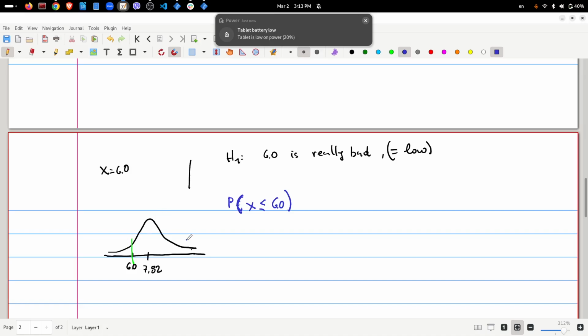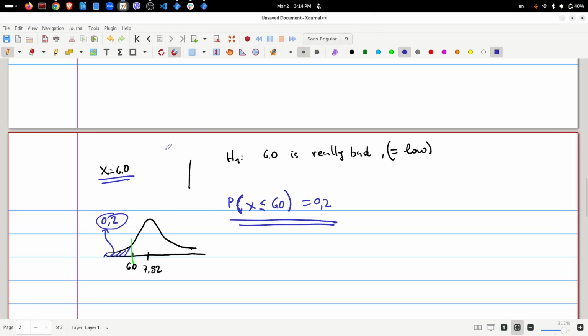How easily such a distribution gives really low marks, marks that are 6 or lower, marks that are lower than my observation. Let's say that this area now here is 0.2, which means that the probability to get an X smaller or equal than 6 is 0.2. And perhaps with this value I can claim that, okay, it's not so rare to observe a mark 6 or lower than this. Which means that actually this 6 is not so bad.